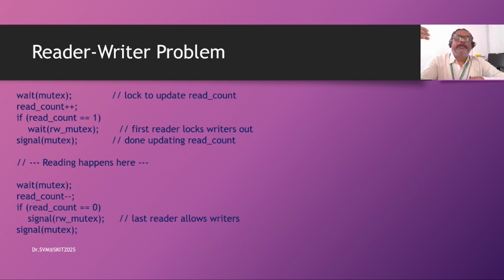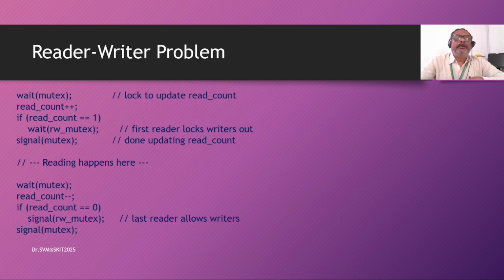And signal mutex means the modification of the read count is complete. So now we release the read count variable. The lock on the read count is opened and it is free for others to use again.